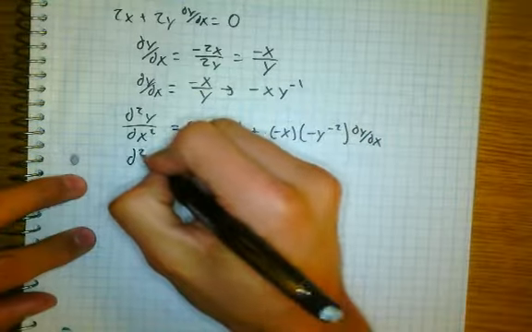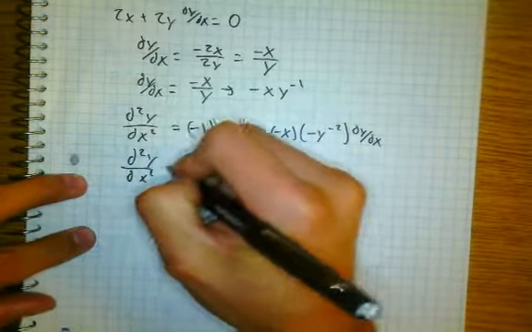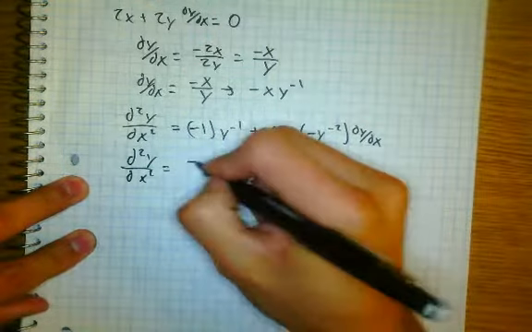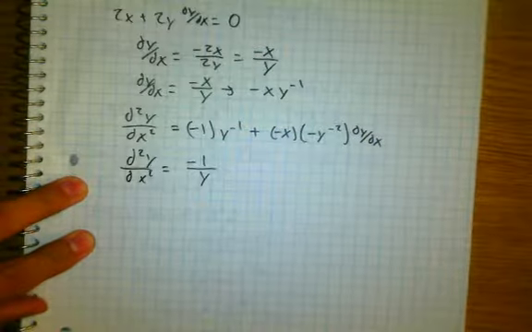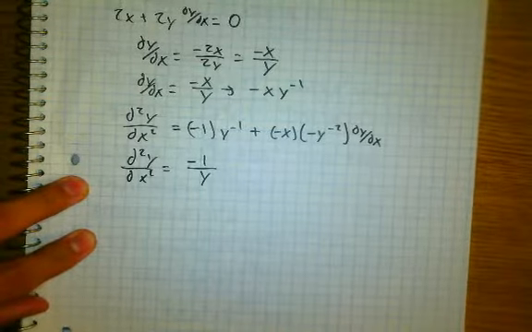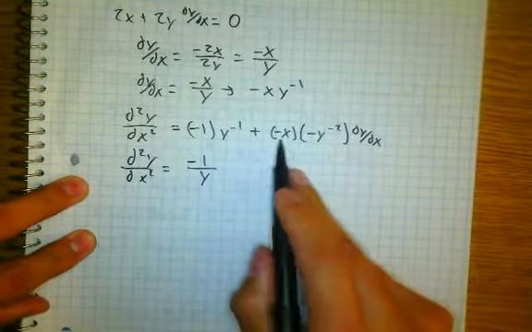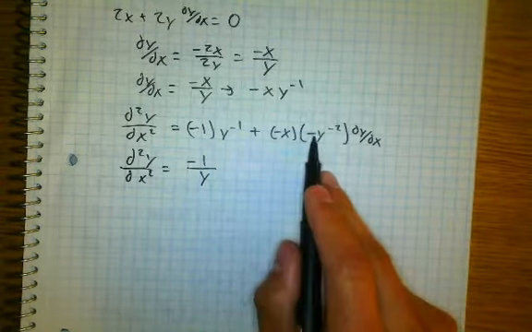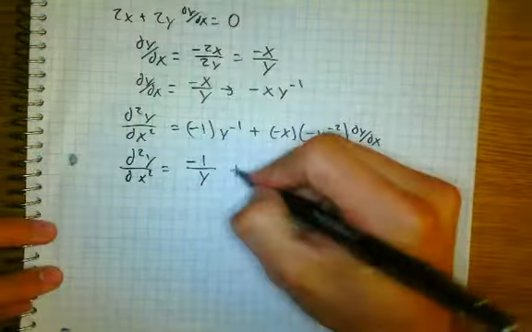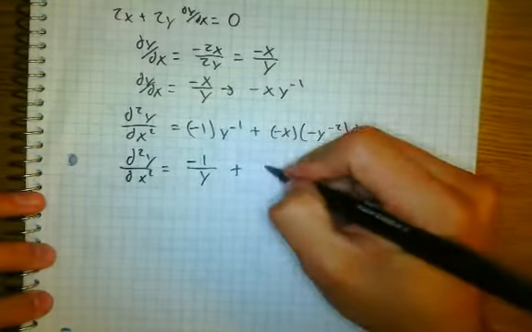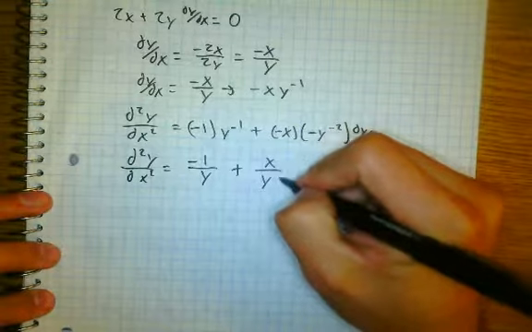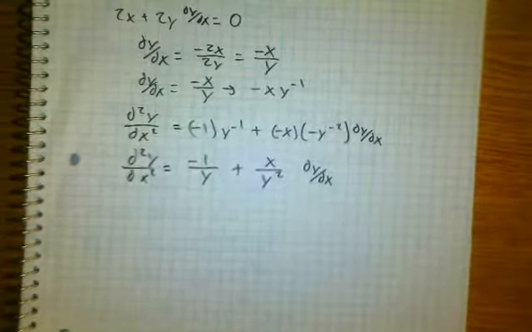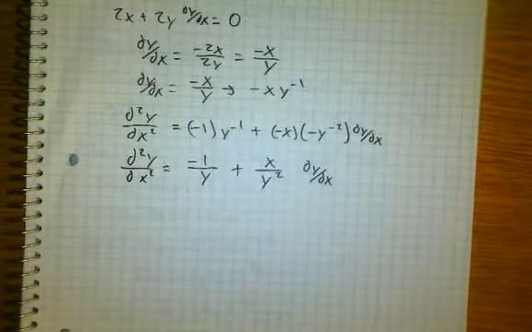The second derivative of y in terms of x is equal to negative 1 over y. Then is it still positive or negative? Negative times negative gives us positive, so plus x over y squared times dy/dx. That's where we're at so far.